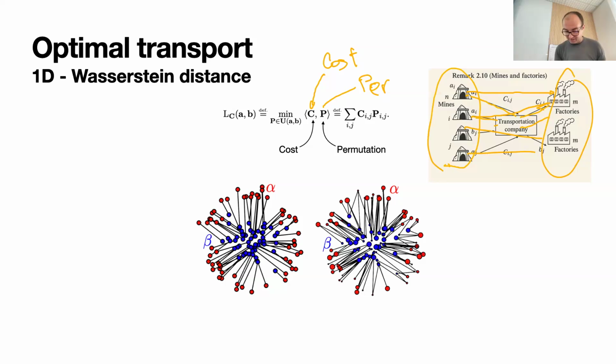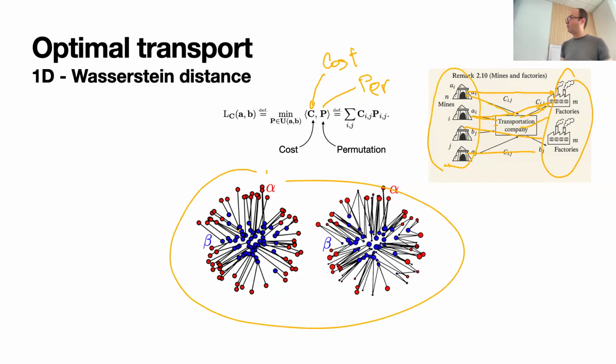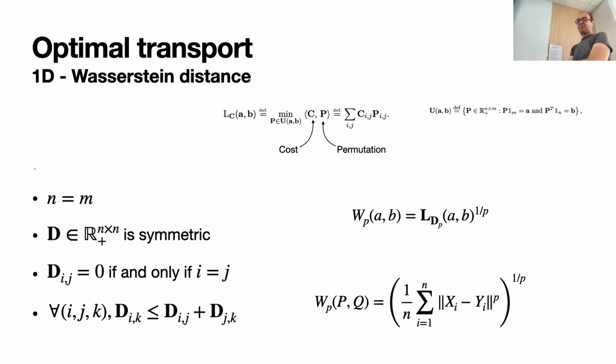So in mathematical terms, we would like to get some matrices like this here. How red dots are becoming blue ones. That is the mathematical problem of this. So, okay.